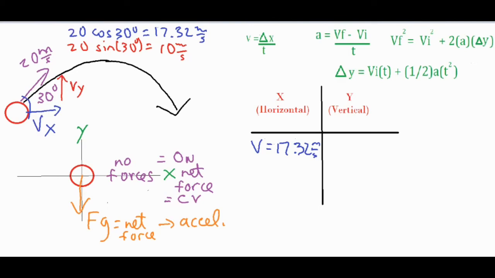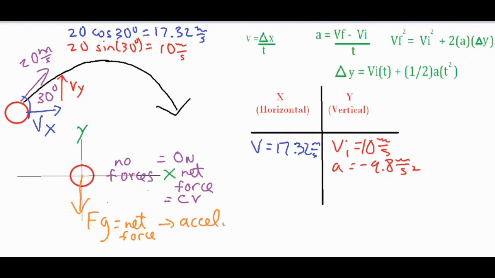Now on the y side, we have an initial velocity of 10 meters per second, but that's going to be changing every step of the way because of gravity. It's experiencing negative 9.8 meters per second squared. Now, this initial velocity is going to create the maximum height and the total hang time, because that displaces it vertically.